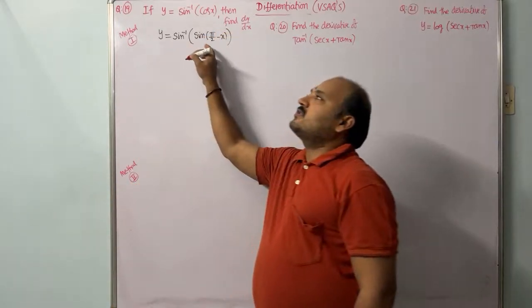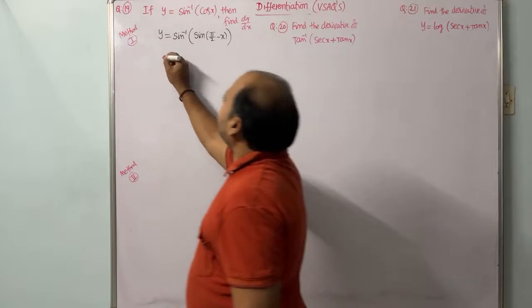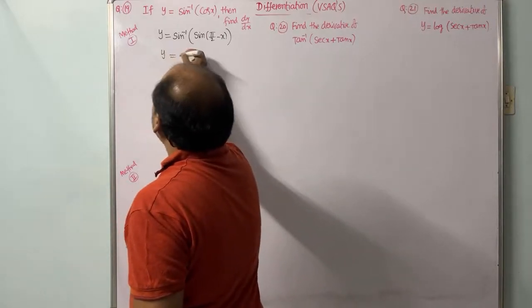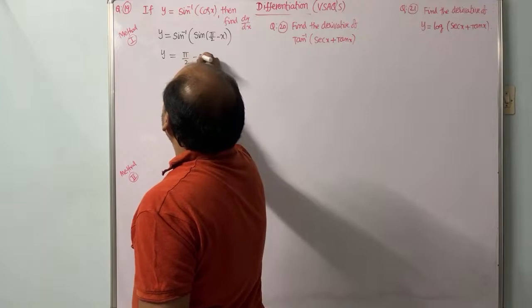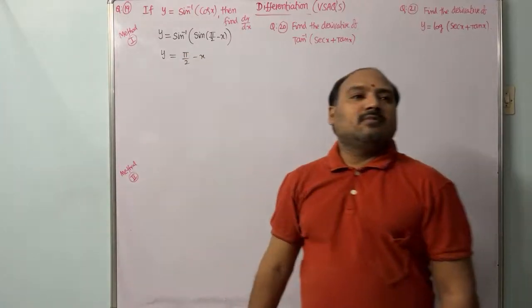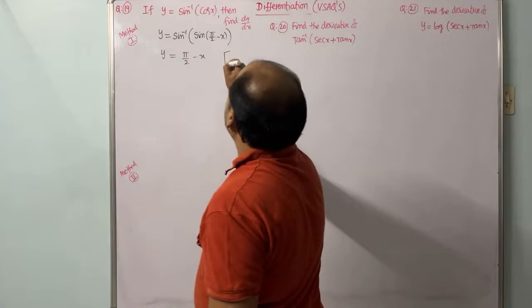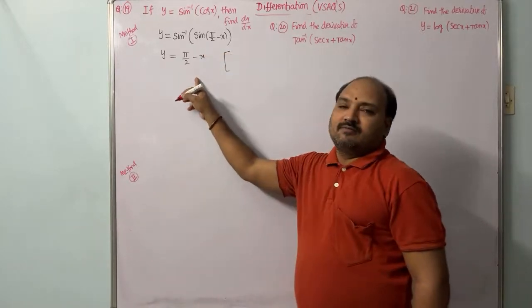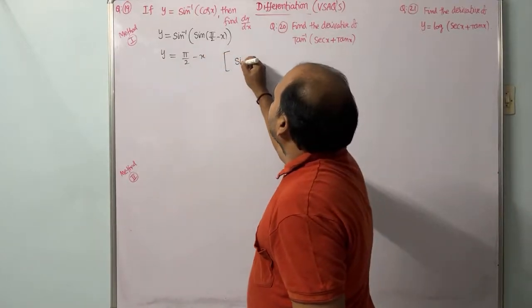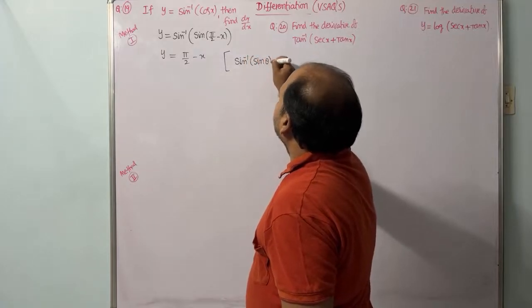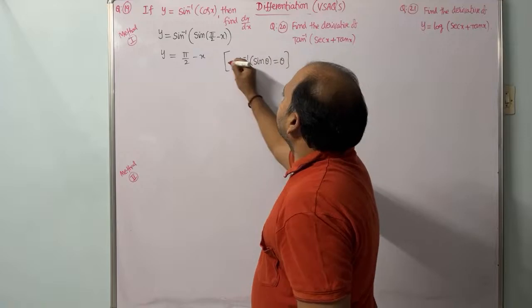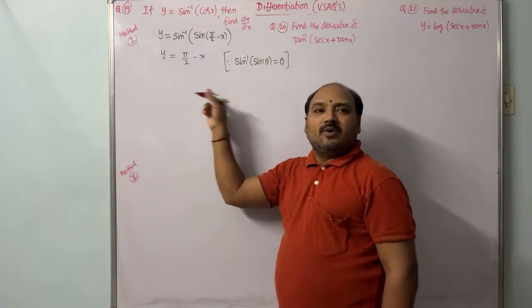So sine inverse of sine of pi by 2 minus x, by using inverse trigonometry, you will get pi by 2 minus x, because sine inverse of sine theta is theta. So by using this inverse trigonometry property, we will do this.